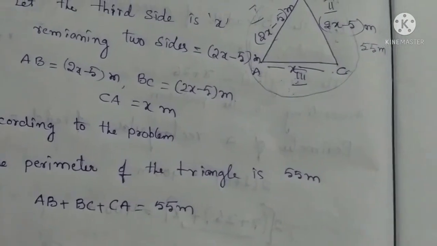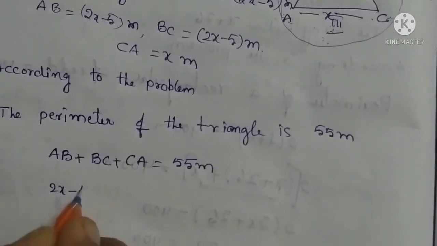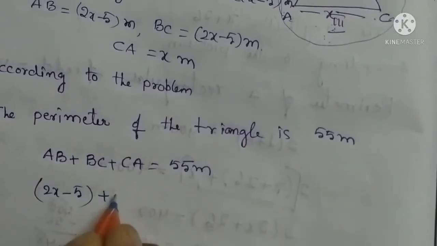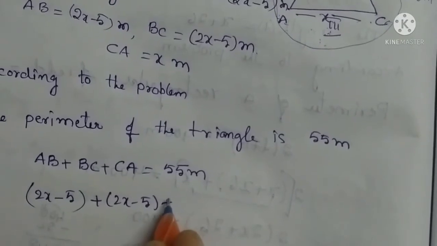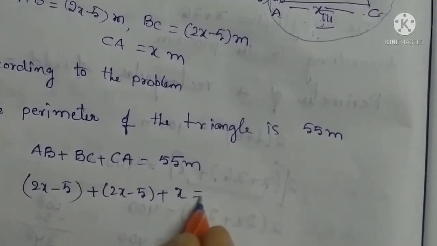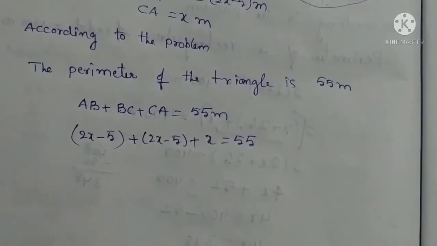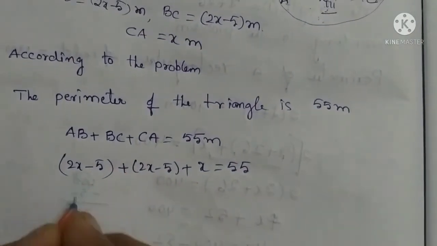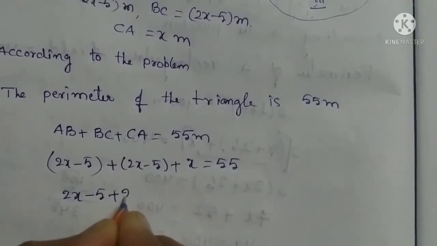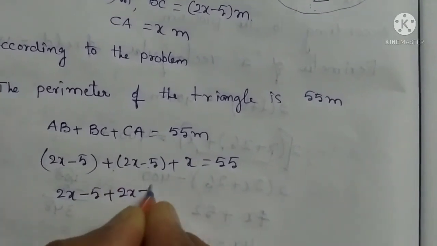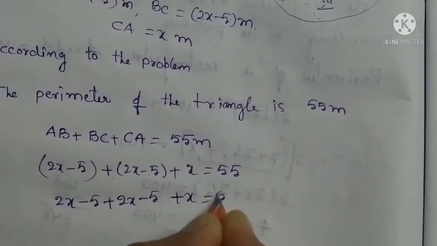So what is AB? 2x minus 5, plus BC also 2x minus 5, plus the third side CA, which is x, is equal to 55. So write 2x minus 5 plus 2x minus 5 plus x is equal to 55.